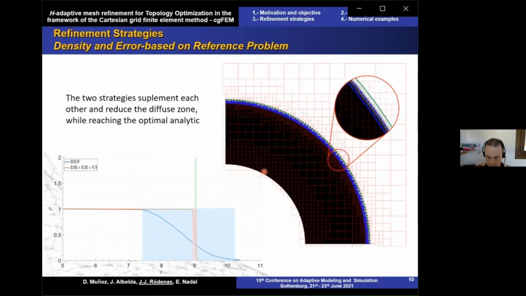If we do that, we obtain a mesh that is also refined in this region, where we were having higher error values. And as you see, as we are evaluating the right values of stresses here, we are going to capture the optimal analytical solution.